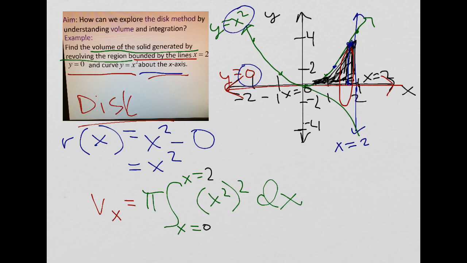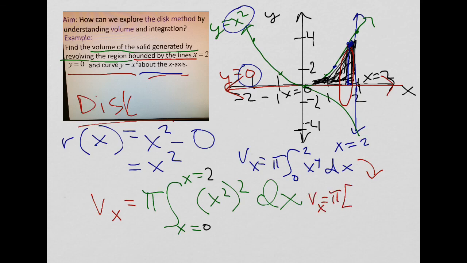I'm really running out of space to actually evaluate this, but I think we should be okay. So V sub x is going to be pi times the integral of x to the 4th with respect to x from 0 to 2. I don't have space to write x equals, but that's okay. Next step. V sub x is going to be pi times x to the 5th over 5.